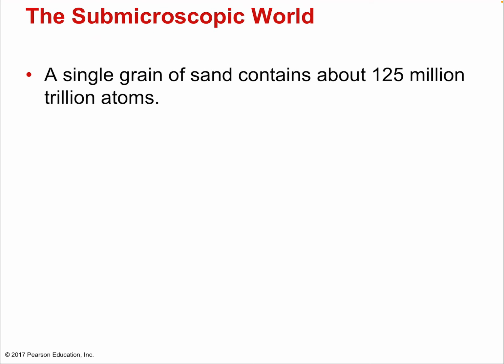so a single grain of sand contains about 125 million trillion atoms. And I've talked a lot about the number of atoms in small samples of material. We've talked about how it's often something on the order of 10 to the 24 atoms for larger samples.